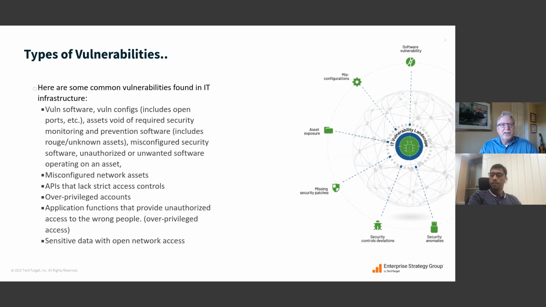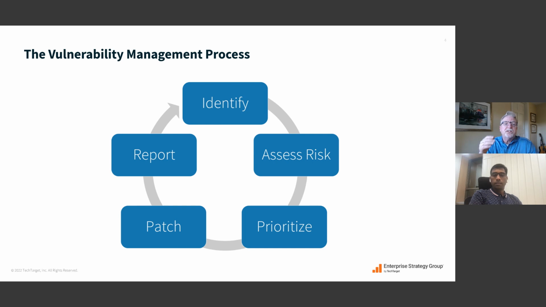And this is maybe more of a journey you're on to cover off as many of these areas of vulnerabilities as possible. But there are some common elements to how we think about the process, regardless of all the different functions and possible areas of weakness that would ultimately be described as a vulnerability in the environment. When we think about going through that process, there's still this notion of what are those weaknesses?